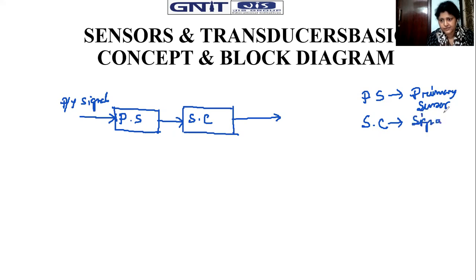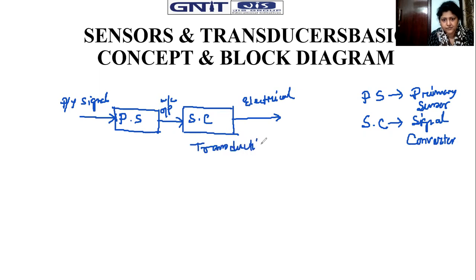So what we get here: the physical signal will be sensed and we get a certain amount of mechanical output. That mechanical output will be converted into an electrical one by a certain mechanism called the transduction mechanism.